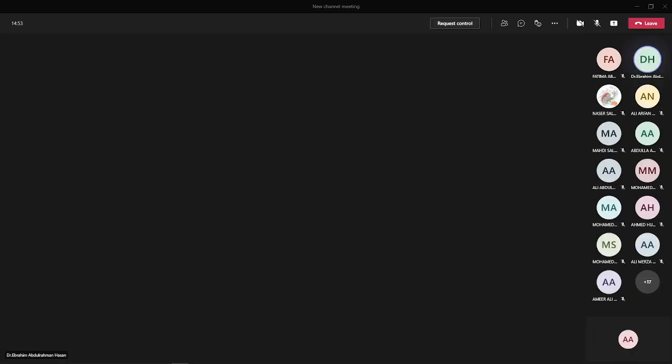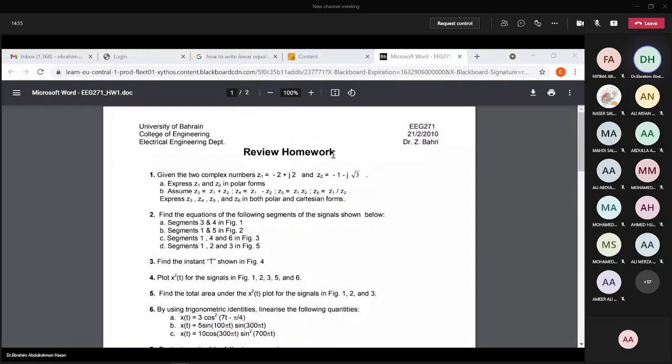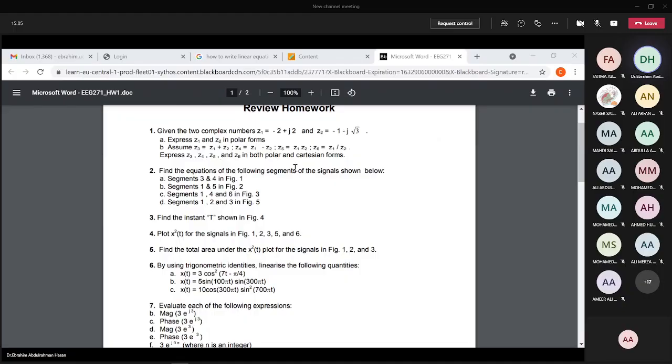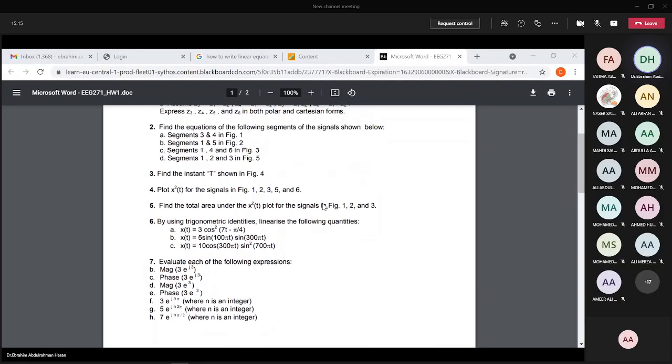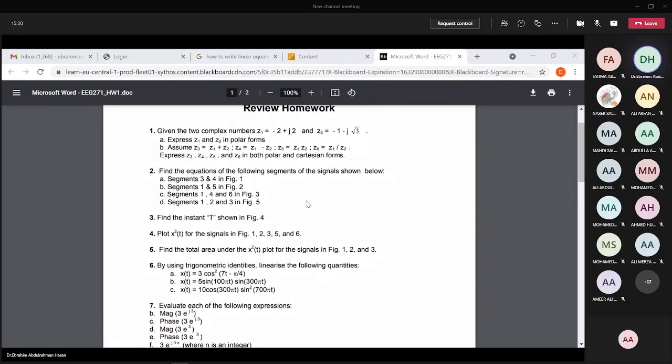Okay, so I uploaded homework. It is not homework actually, it is a tutorial. It is for your benefit, so just solve it yourself. My advice is don't ask anyone for the solution, okay? Try to do it yourself. If you have any question, then we can discuss it in the tutorial. But try many times until you reach the correct solution.